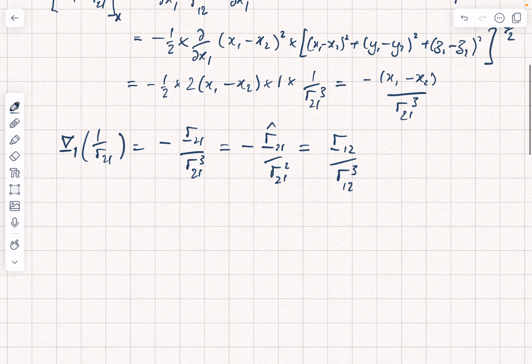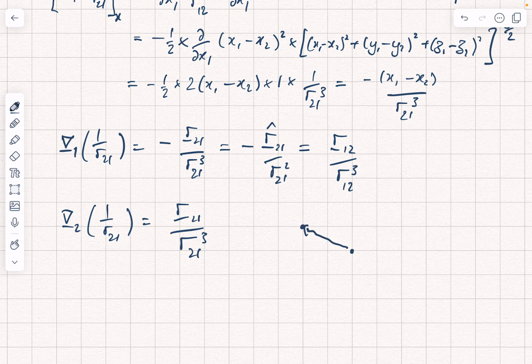And it's very easy to show that the gradient with respect to r2 of 1 over r21 is just the vector r21 divided by r21 cubed. And so you see that they have opposite signs, but the same direction and the same magnitude. And that makes sense, because if you think about differentiating, so let's say that this is the vector r21, this is R2 and this is R1.